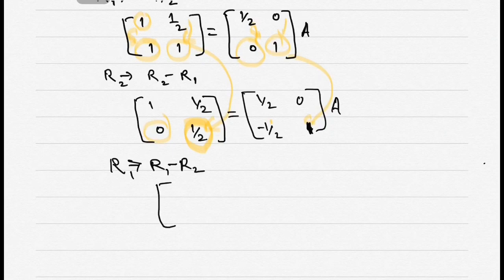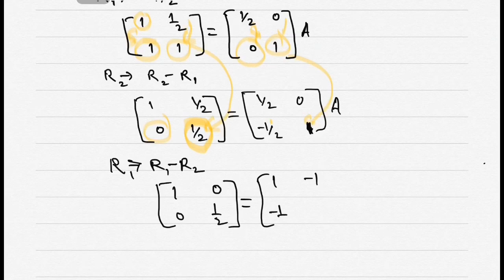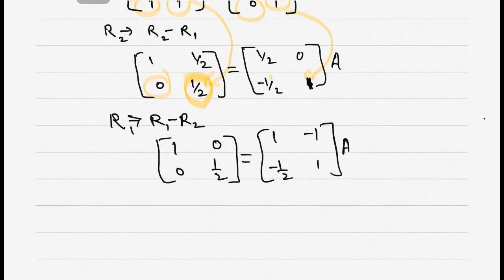We'll apply the same operation on both sides. 1 minus 0 is 1. 1 by 2 minus 1 by 2 is 0. Applying the same operation on the other side, 1 by 2 minus 1 by 2 is 1, and 0 minus 1 is minus 1. We have not done any change in the second row: 0, 1 by 2, minus 1 by 2, 1 into A.